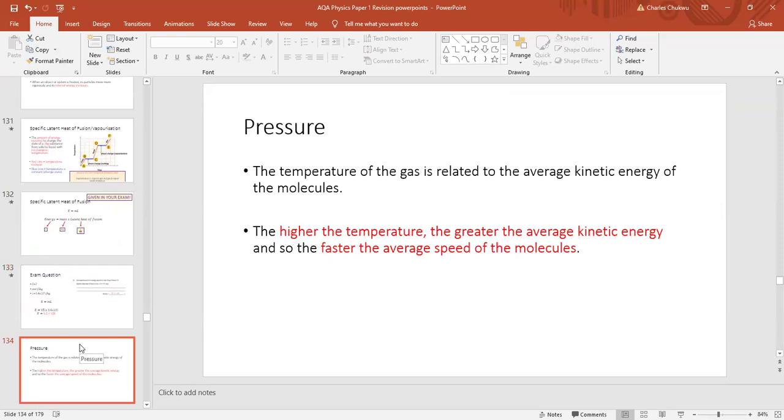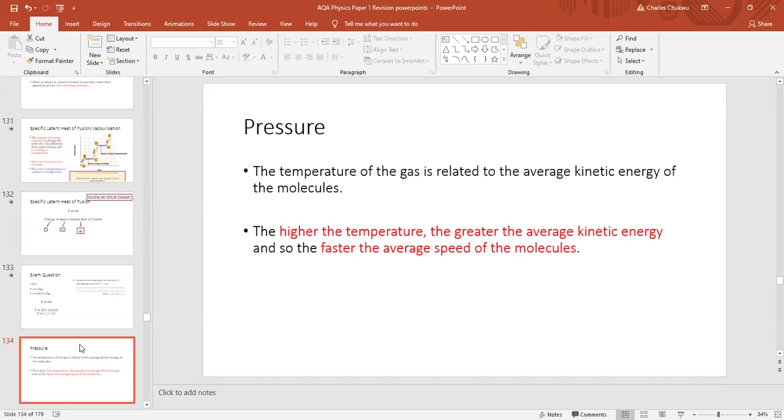The temperature of a gas. Now this is where we're looking at properties of a gas. The temperature of a gas is related to the average kinetic energy of the molecules.